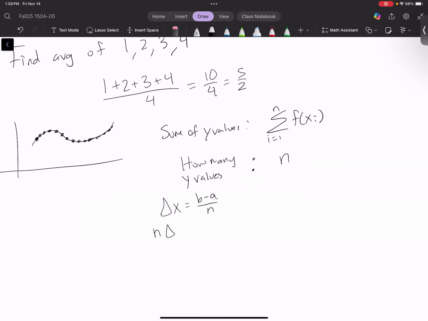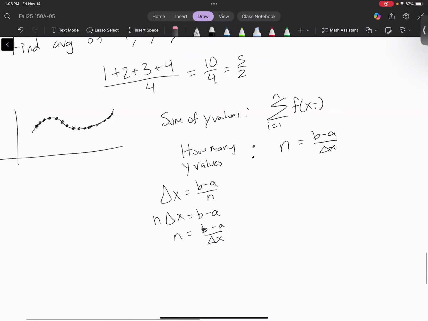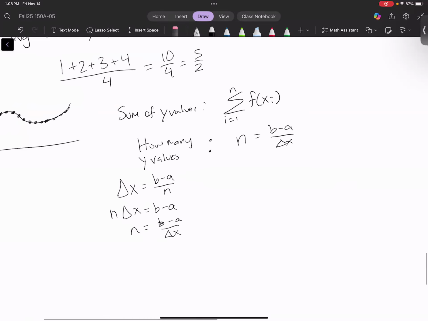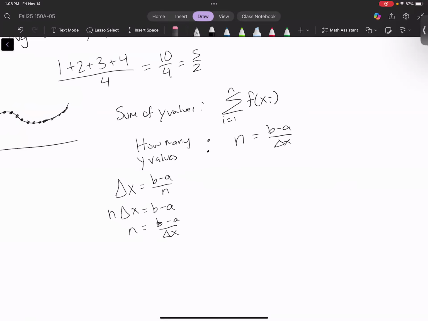So I can multiply n to both sides and divide by delta x. So this is really b minus a over delta x. This is really the only time we'll see it written like this, but it will be useful. The reason is we're doing an approximation, right?